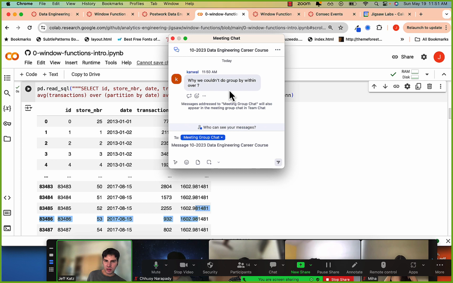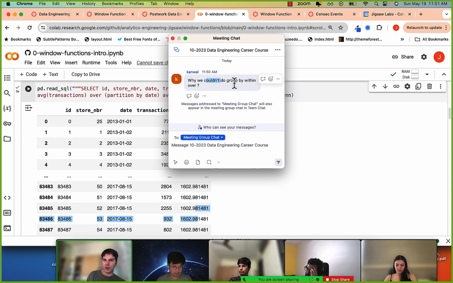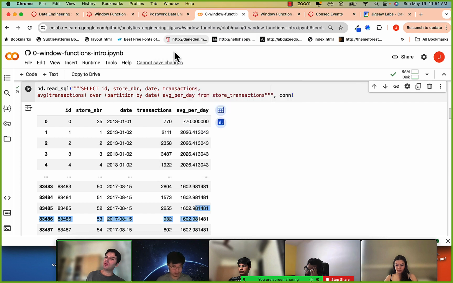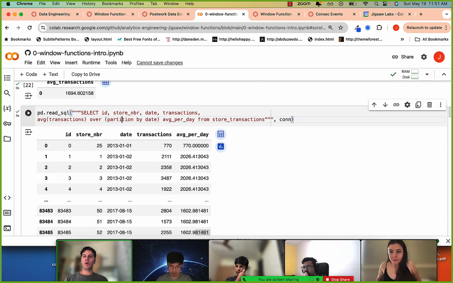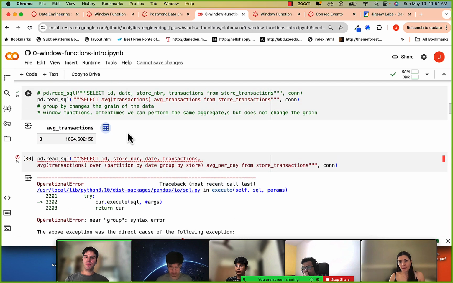Let's ask the question: why couldn't we do a group by within over? You would not do that. You wouldn't do the group by here. Syntactically, it won't even allow this. If you say group by the store, that's not going to be allowed.